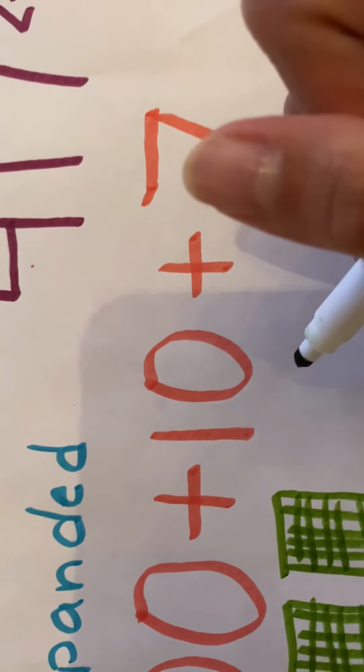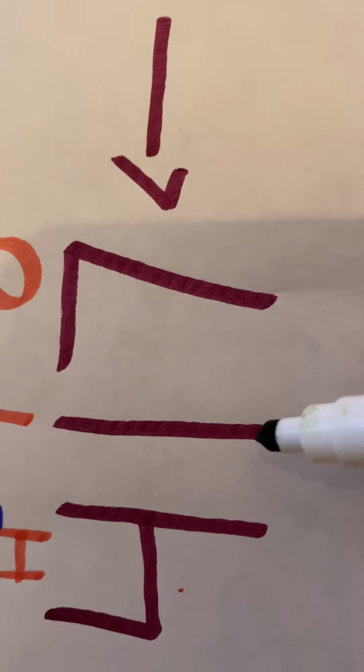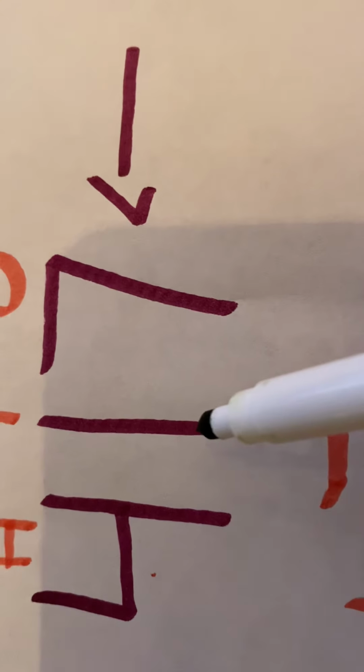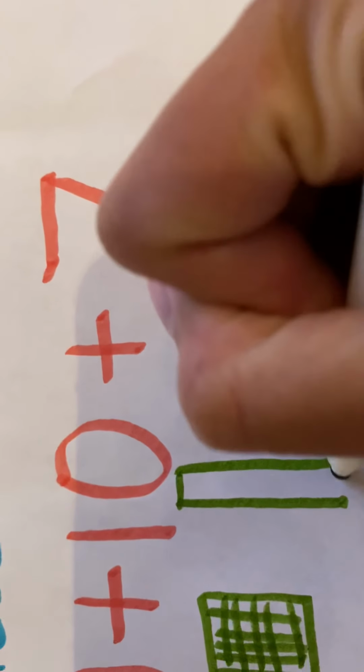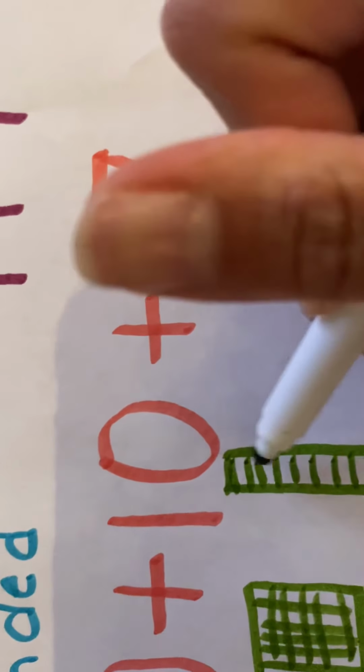Now moving on to the tens place, I know that the tens is the base 10 block, and I only need 1 because looking back at my number in standard form, it's a 1, so that's 1 ten. Right here, I would just draw 1. Remember, this is worth 10.